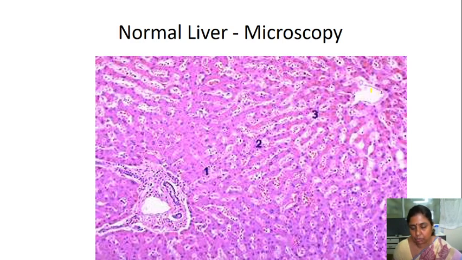When it is going through the sinusoids, what is happening? It is bathing the hepatocytes, and so whatever the synthetic functions, that is the albumin and the coagulation factors which are formed in the hepatocytes, come into the blood. And whatever toxins are brought from the portal vein will be removed by these cells, then it reaches the systemic circulation.